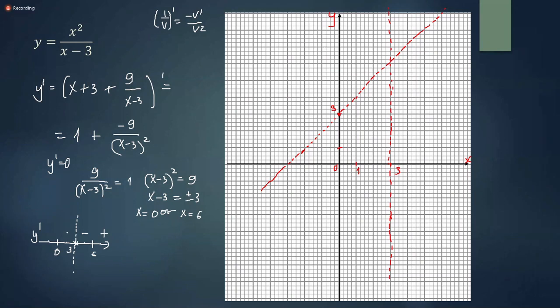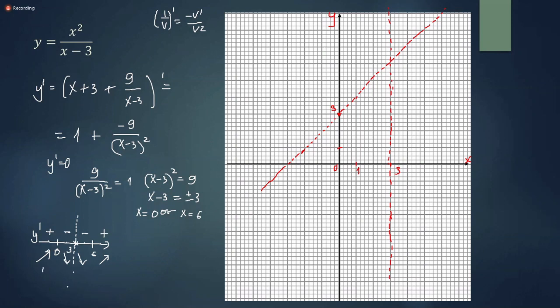So again, 1 minus 9, again negative. And if x is a larger negative number, or any negative number, we see this is, of course, positive. For example, if we take minus 100 to the left of 0, then we have minus 9 divided by a very large positive number. So it is 1 minus something very small. And so we understand increase, decrease, decrease, increase. So we see we have a maximum point.